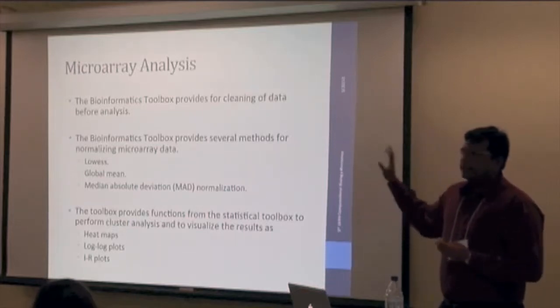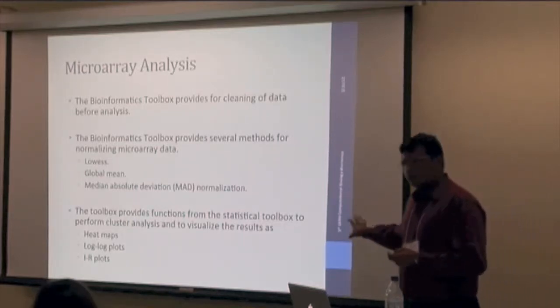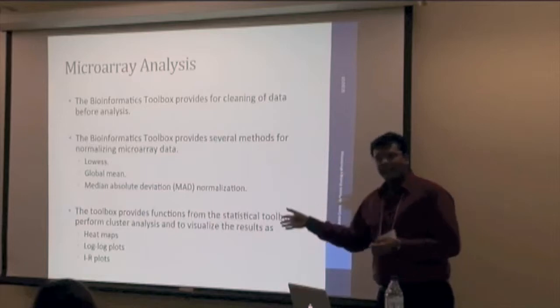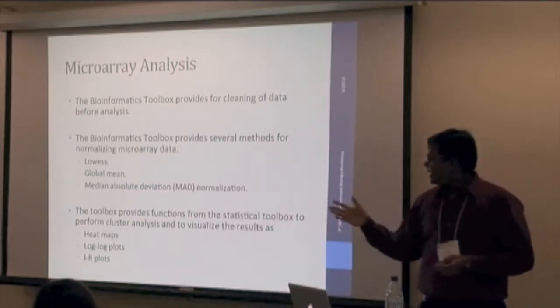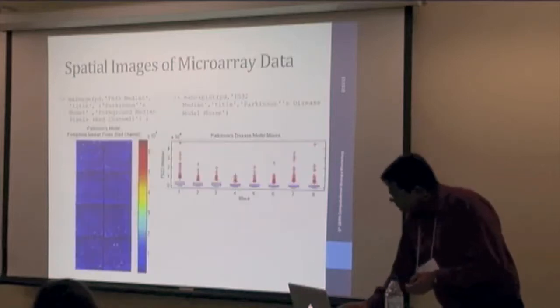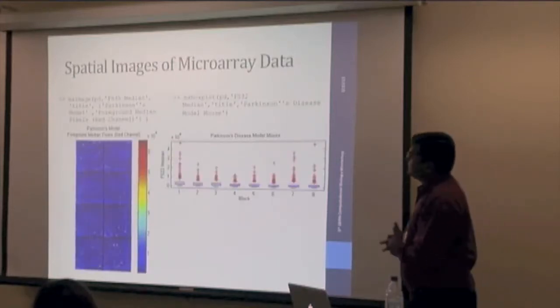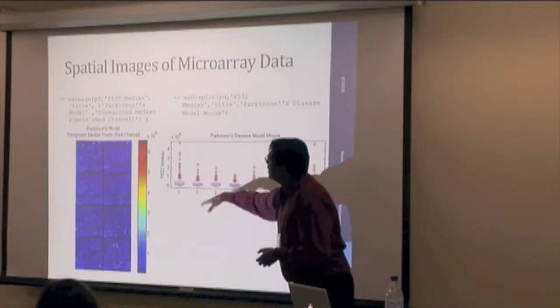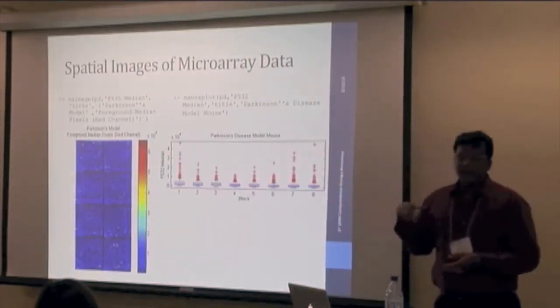Then it also provides useful visualization of these data. You have the heat maps, the log-log plots, as well as the IR plots. I just have some screenshots of that. This is the heat map view in a microarray image form.